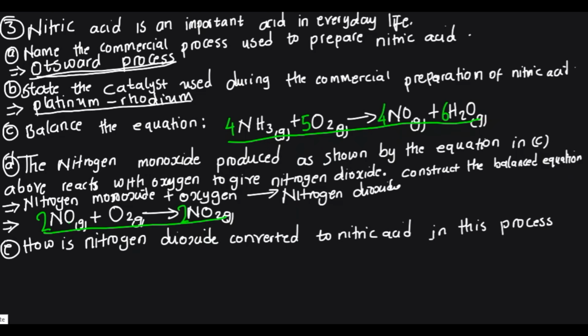Now we can move on to question E. How is nitrogen dioxide converted into nitric acid in this process?